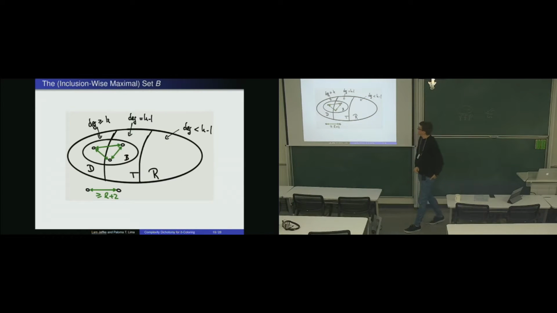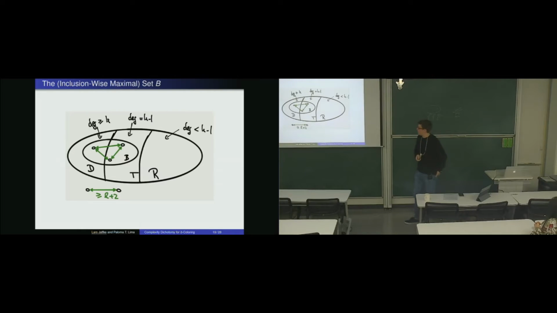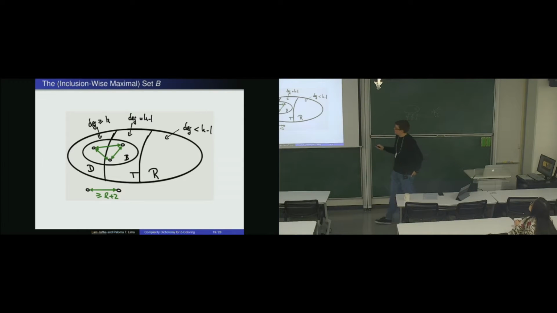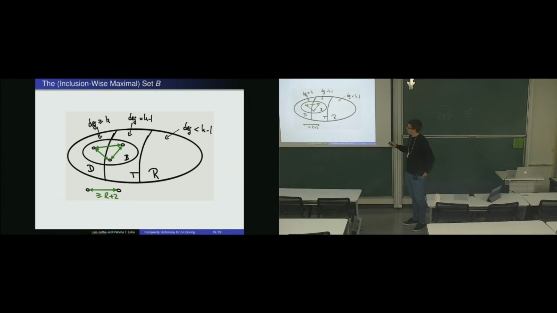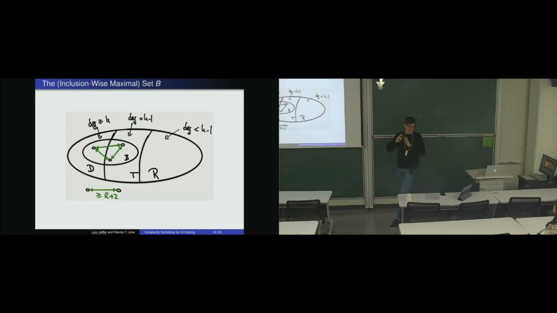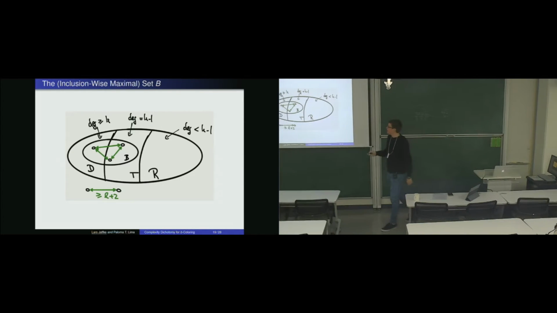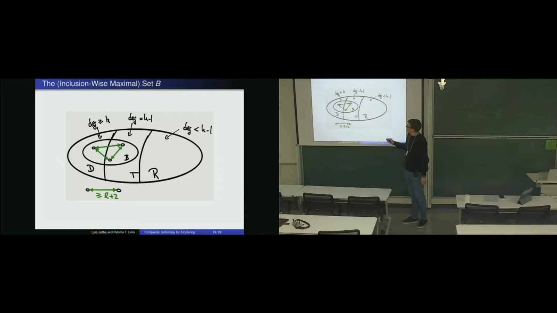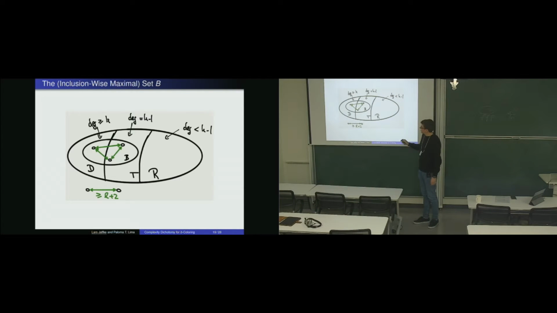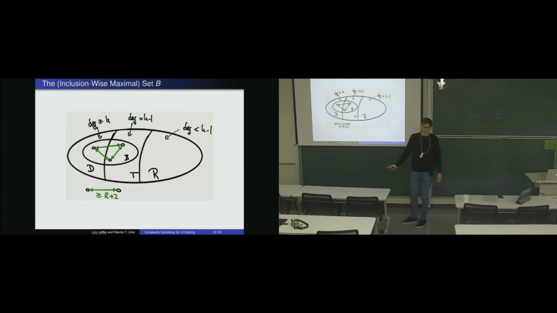Okay, so the algorithm now works as follows. We pick some set of vertices B that is maximal, but note that we don't guess this set. We really just pick any maximal set B with the property that all vertices in B are pairwise far apart.